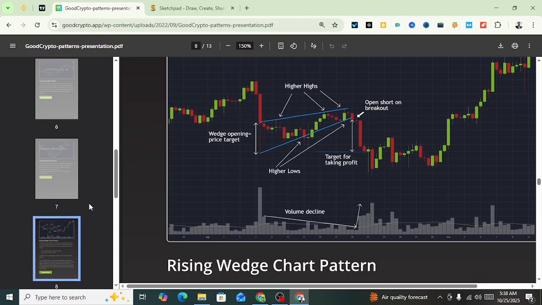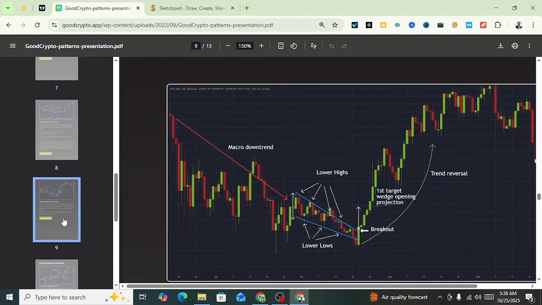It's not important, but you can see from here: macro downtrend, lower highs, lower lows. It's following this pattern, and when the market breaks that previous line, it's going up. So if the first target was opening a position from here, you can enter from here.